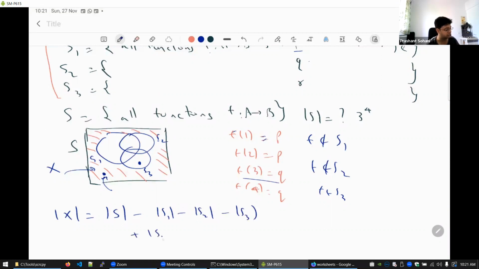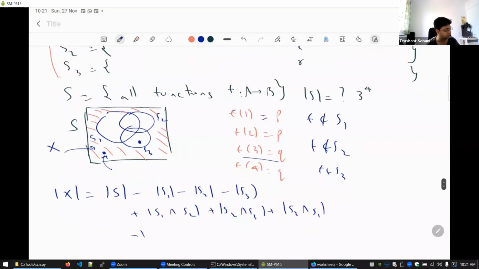Then we add the two intersections. And finally, we subtract the triple intersection. So this is the count of this red region that we are interested in.